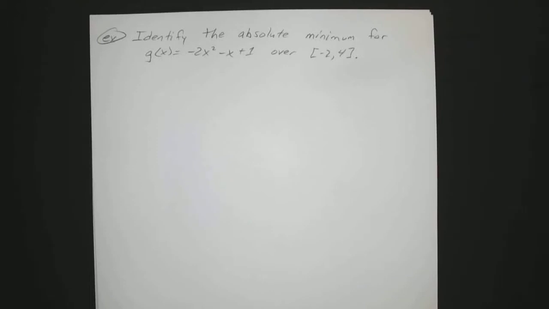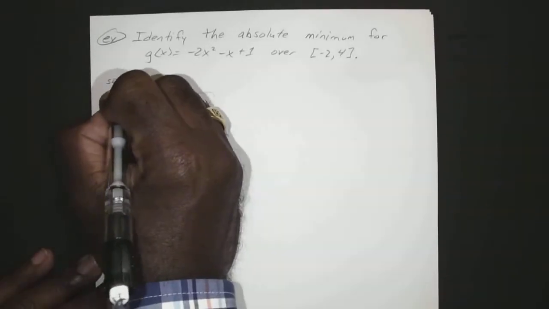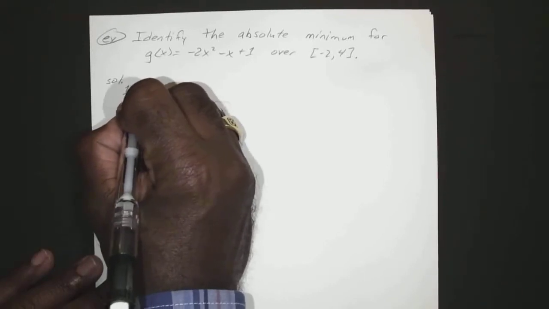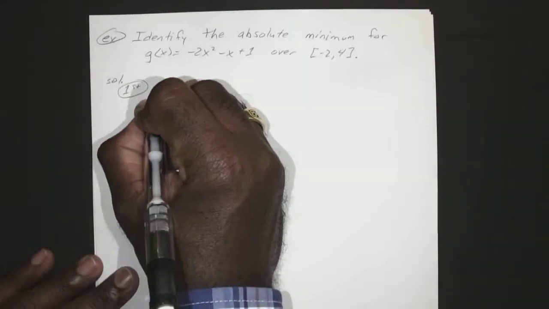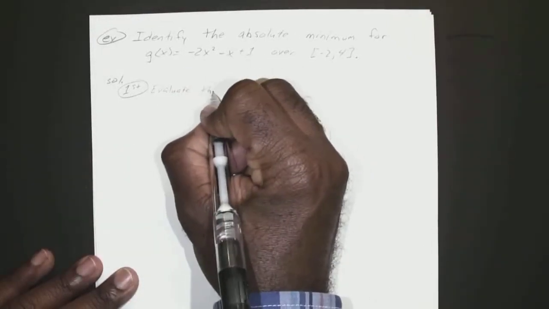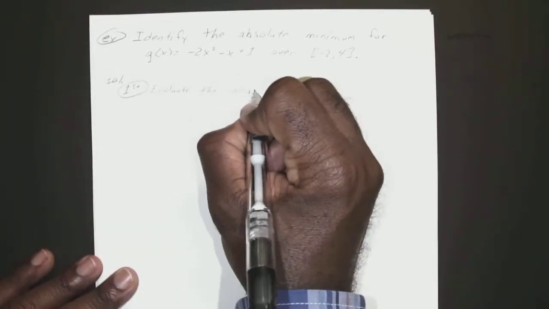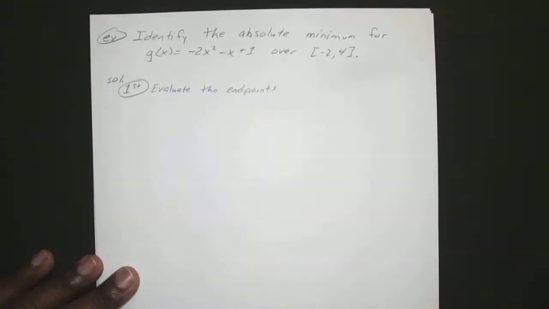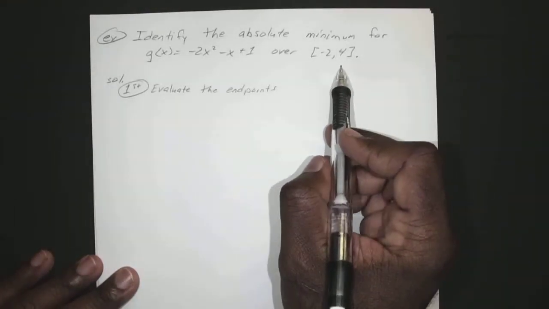Okay. So the first thing you want to do is evaluate the endpoints, which means you want to find g of negative 2 and g of 4.